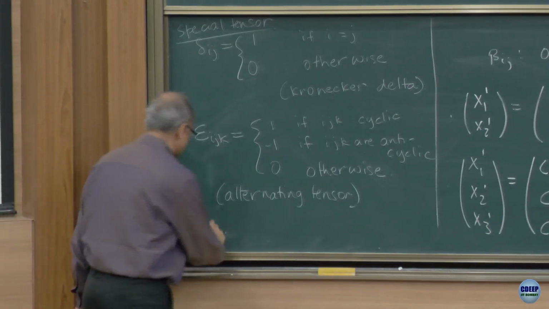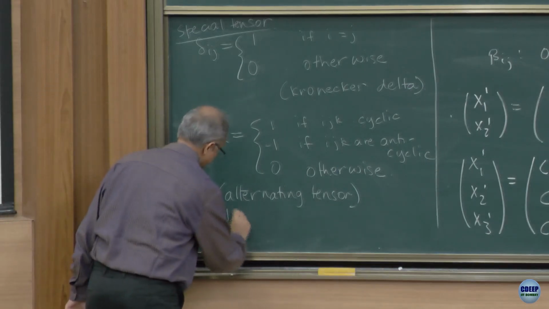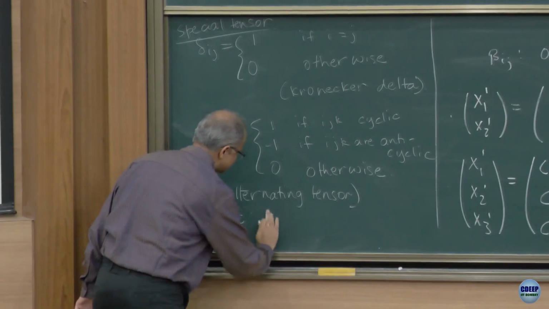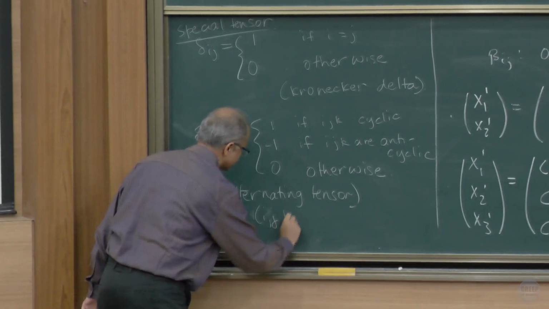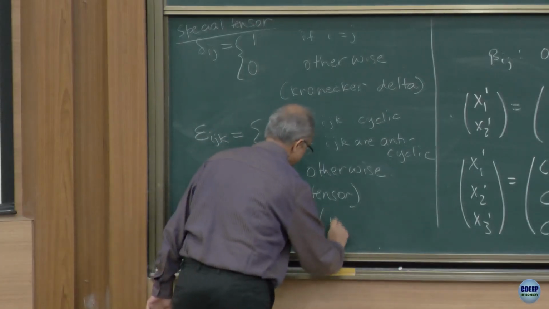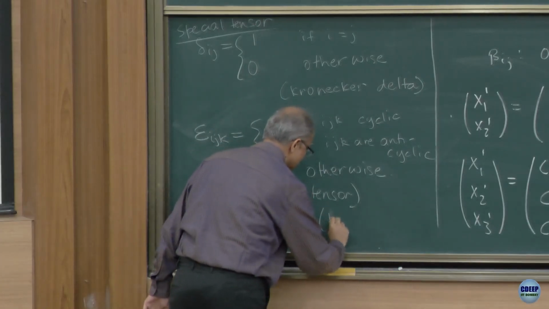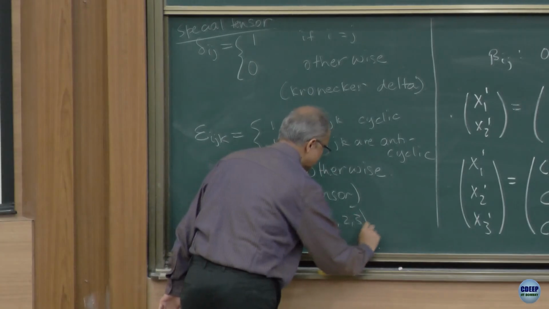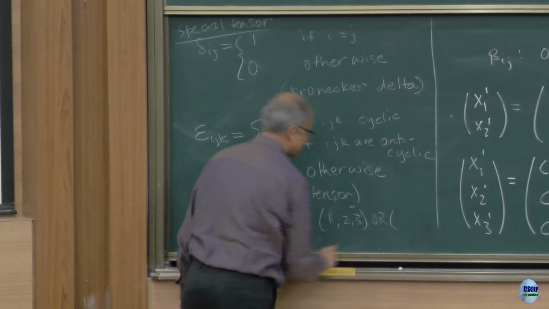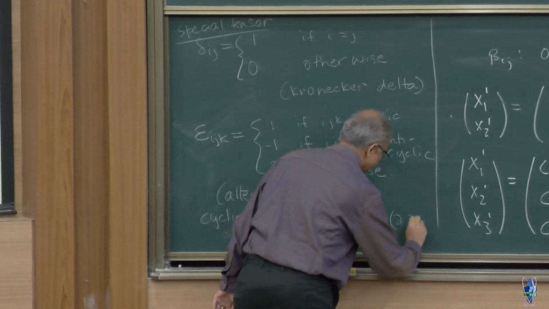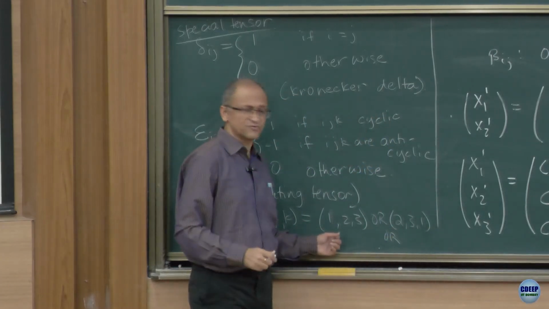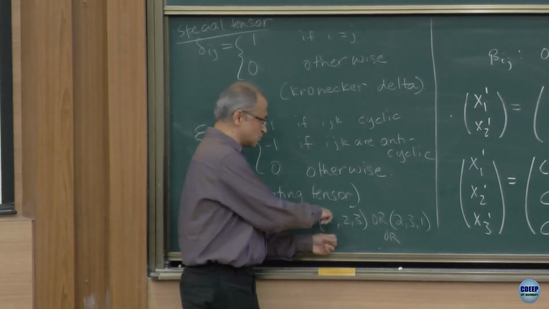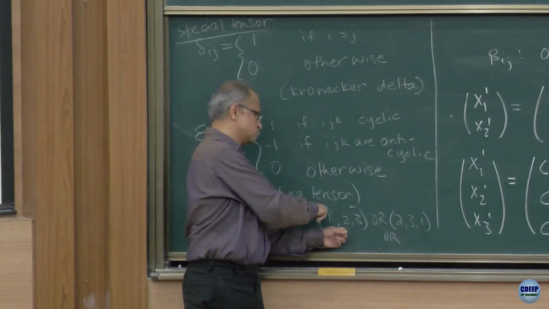And what do we mean by cyclic? By cyclic, we mean that ijk are appearing as 1, 2, 3, or 2, 3, 1, or 3, 1, 2. All I'm doing is starting from 1, 2, 3, and taking the first term to the very back.